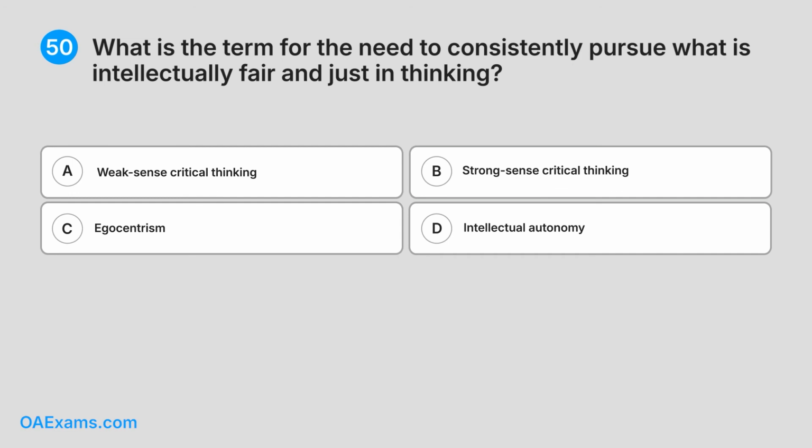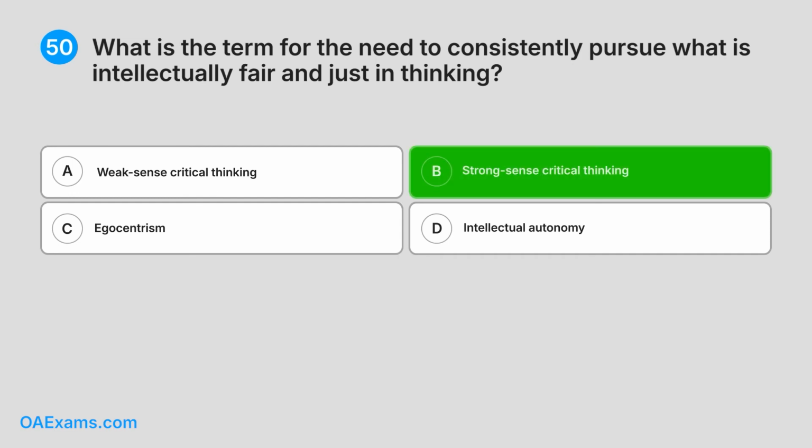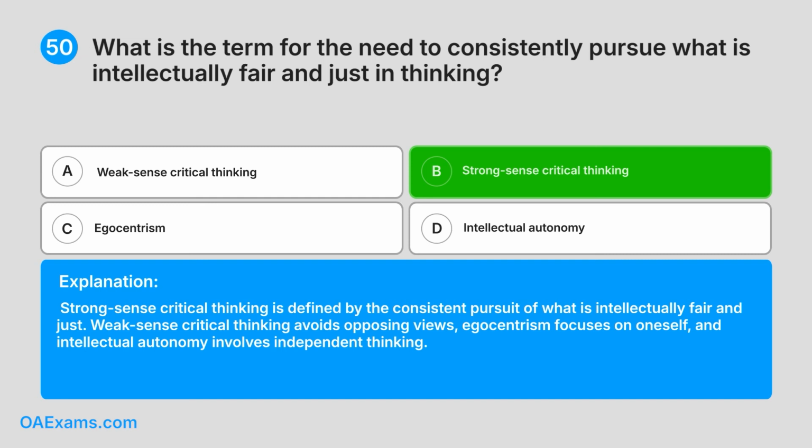Correct answer. B. Strong sense critical thinking. Explanation. Strong sense critical thinking is defined by the consistent pursuit of what is intellectually fair and just. Weak sense critical thinking avoids opposing views. Egocentrism focuses on oneself, and intellectual autonomy involves independent thinking.